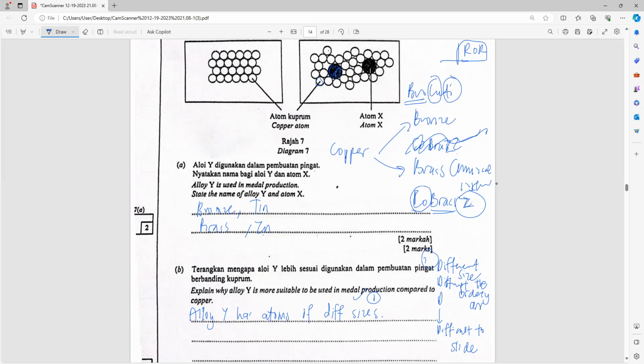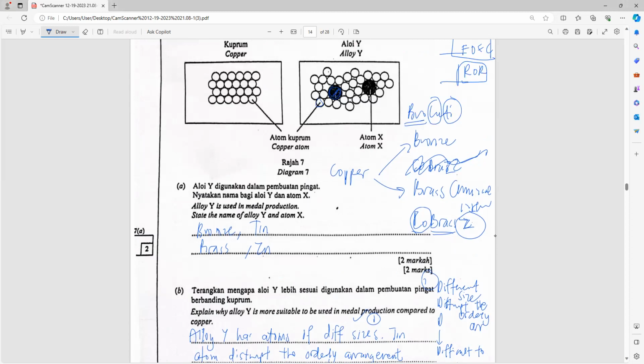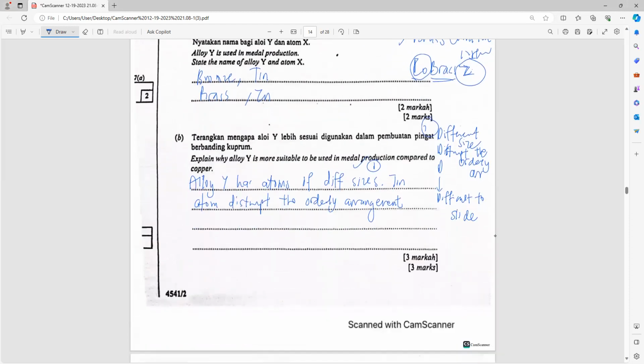So I can put here tin atom disrupts the orderly arrangement of who? Of what? Of which atom? Copper. Very good. Of copper atom. You got your second mark already.